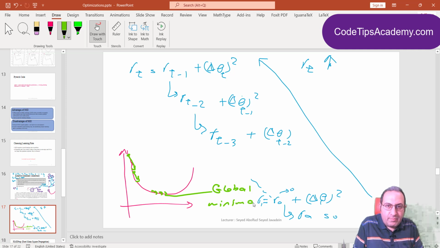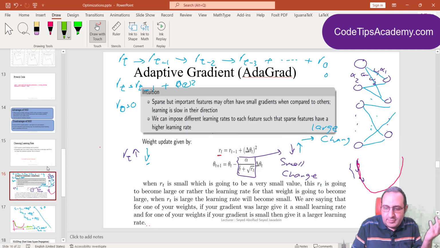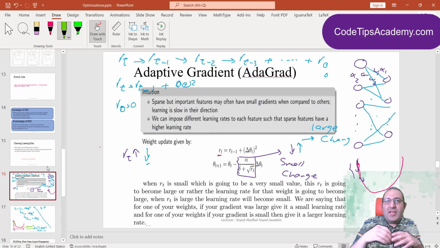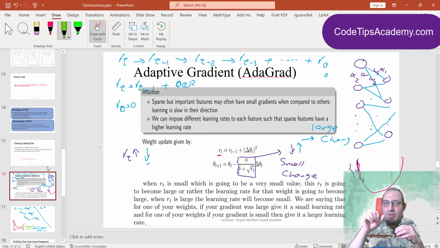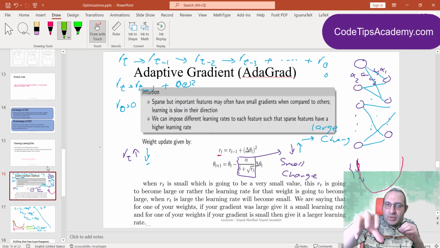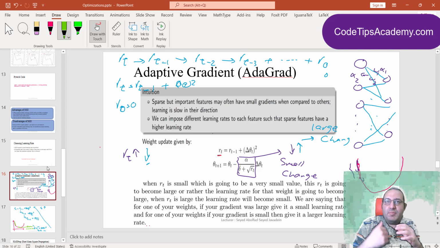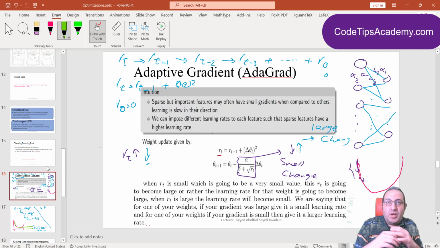And this is an amazing idea. You can go with long steps toward the global minimum, and after some steps, when we get closer, we make shorter steps to reach and converge to the global minimum. This is the idea behind AdaGrad.